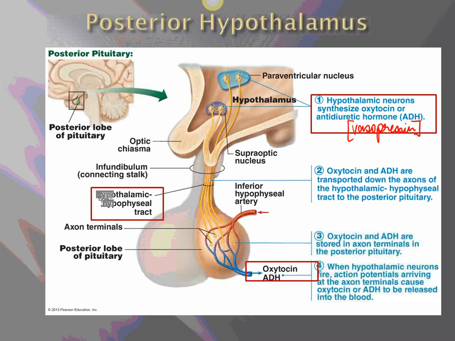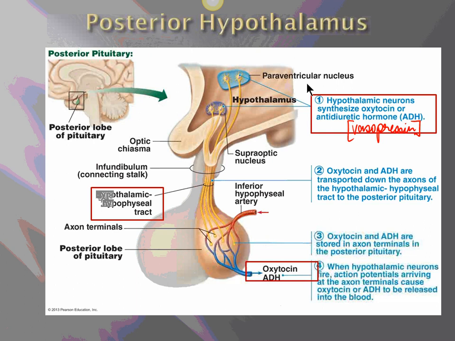Okay? So this is produced in the posterior hypothalamus. It's produced by these neurons. It travels down their axons, and these axons connect to the posterior pituitary. If you remember again from ANP1, when you have lots of axons grouped together, you call such a structure a tract.